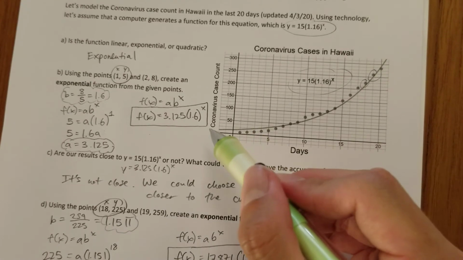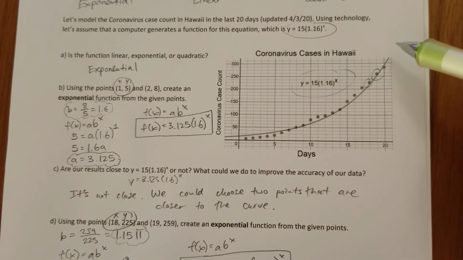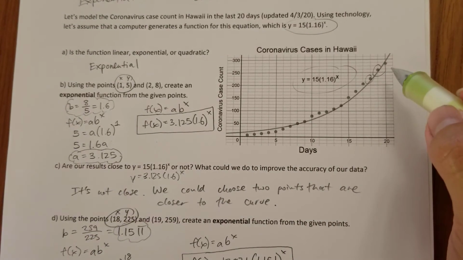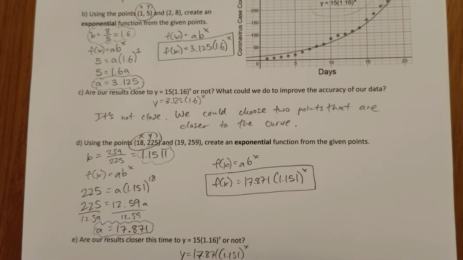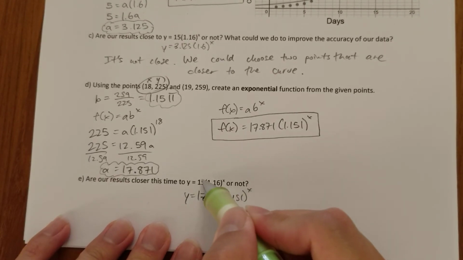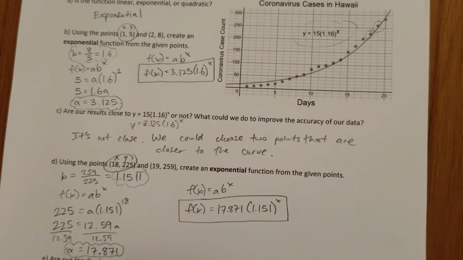If you think about it, the coronavirus cases in Hawaii is a really big graph that goes to about 300 cases. So what this actually means is that this is not too far off compared to the entire data.